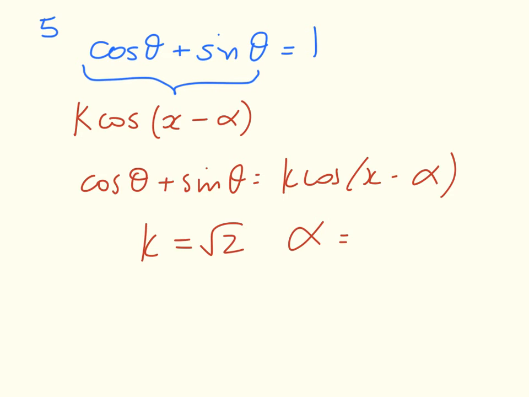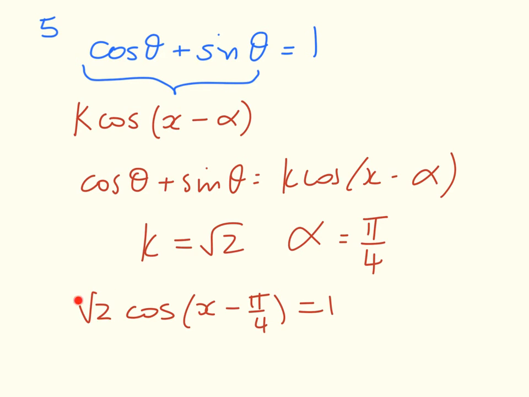Work out what alpha is. I'm going to tell you it's 45 degrees, or in the context of this question, pi upon 4. So you've now got root 2 cos(x minus pi upon 4) is equal to 1. If you now take the root 2 over, work out the cos, and then deal with the angle. Solve the little equation that you get.